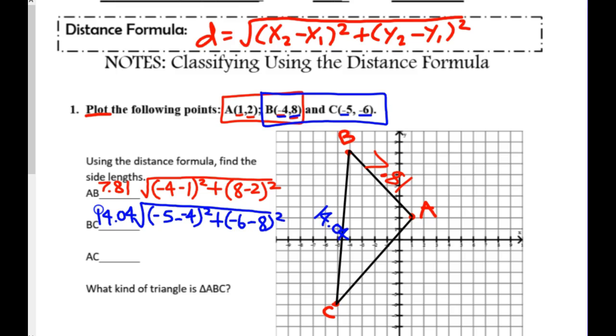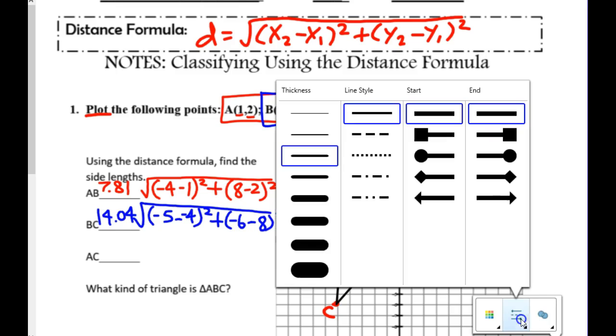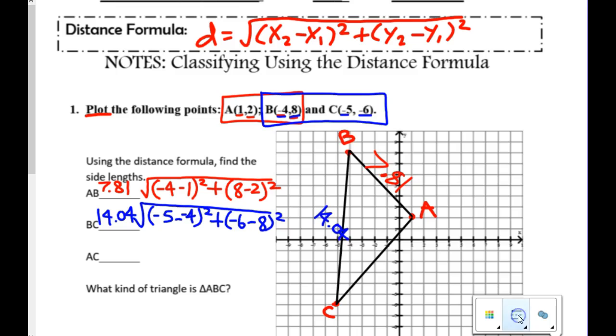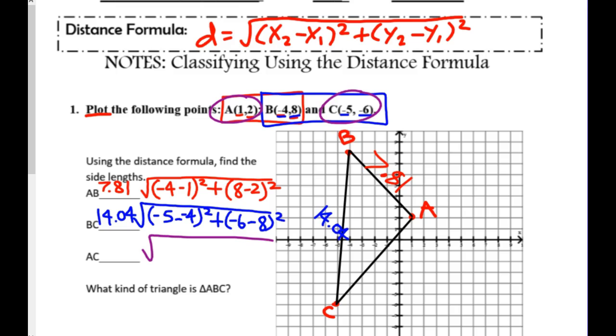Last but not least, AC. This one should be cool. So, AC, let's write a big square root sign. So we're going to use A and C. We're going to use these two, okay?